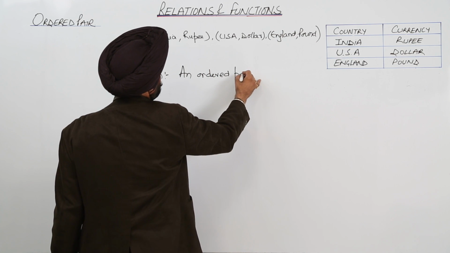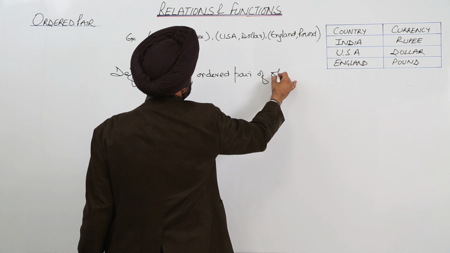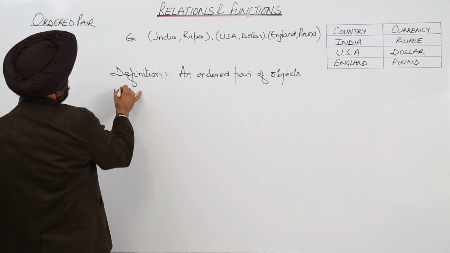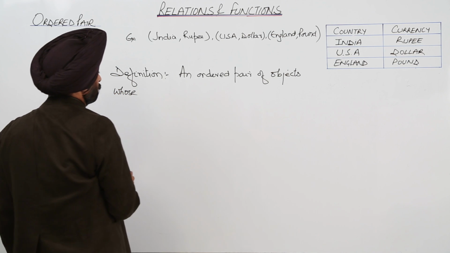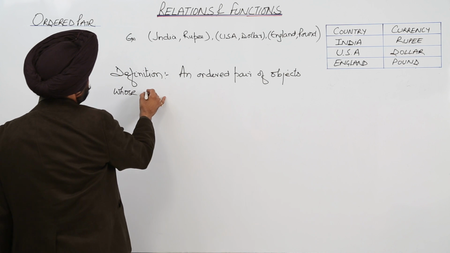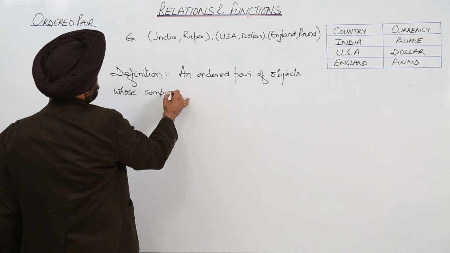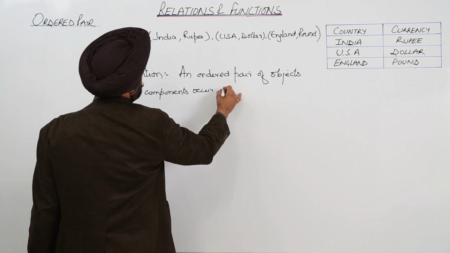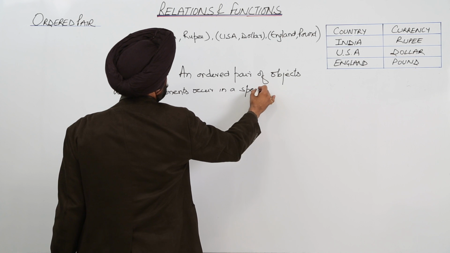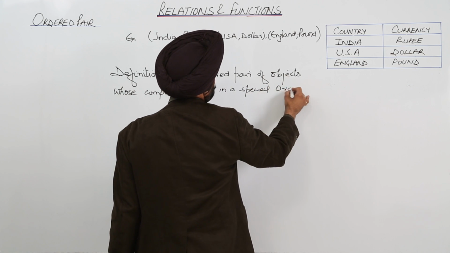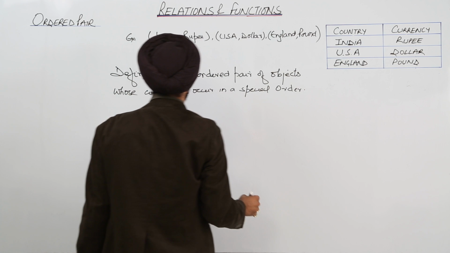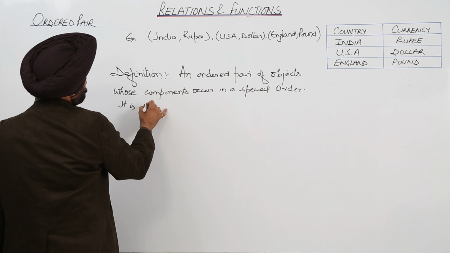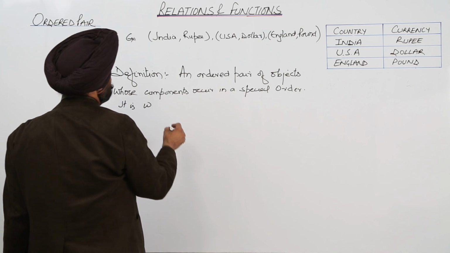An ordered pair of objects whose components occur in a special order.